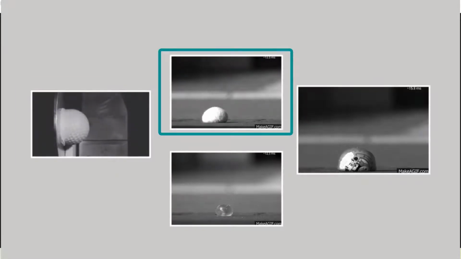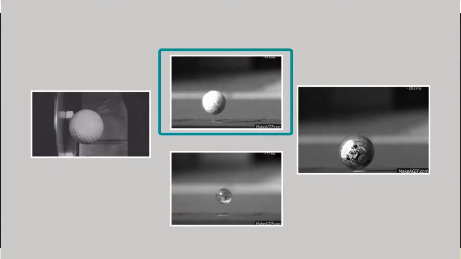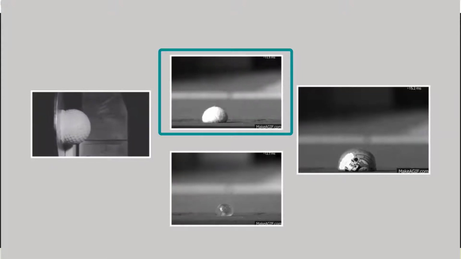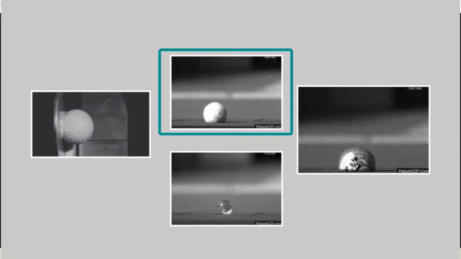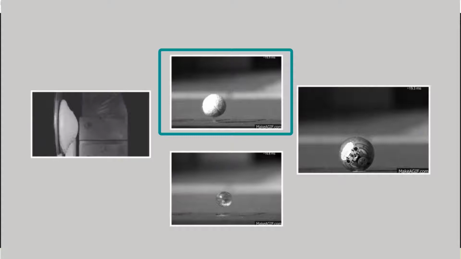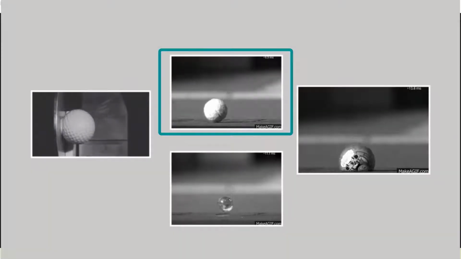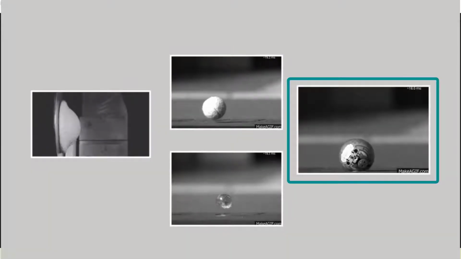The one at the top is a tennis ball. You can see how it's behaving too. Then the one at the extreme right is like a balloon ball. You can see how it's also behaving.